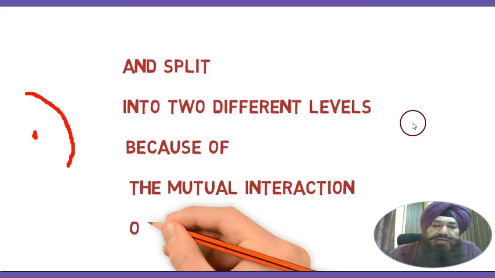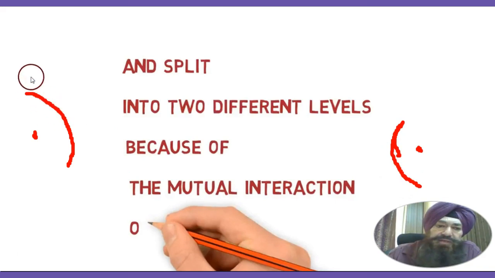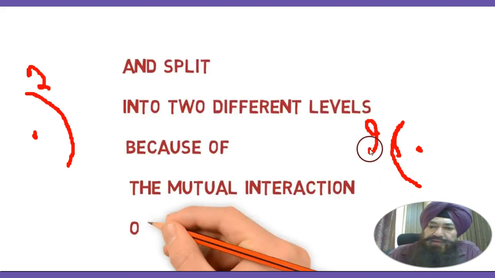This is a second atom, the same one, and it also has a valence shell. Let the energy of this valence level be 2 units, and the energy of this valence level also 2 units.